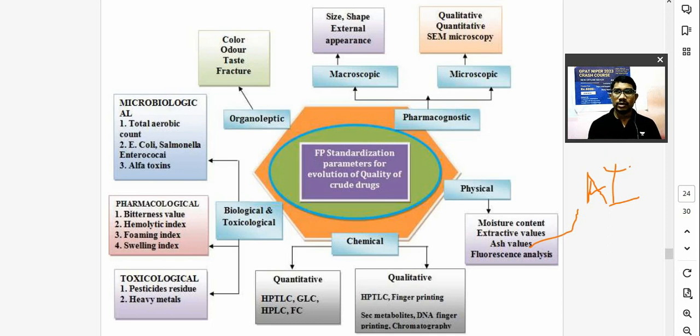If you do the same thing for senna brought from the market and it is more than 0.5%, that indicates this sample of senna has more inorganic content. This was a question in GPAT.